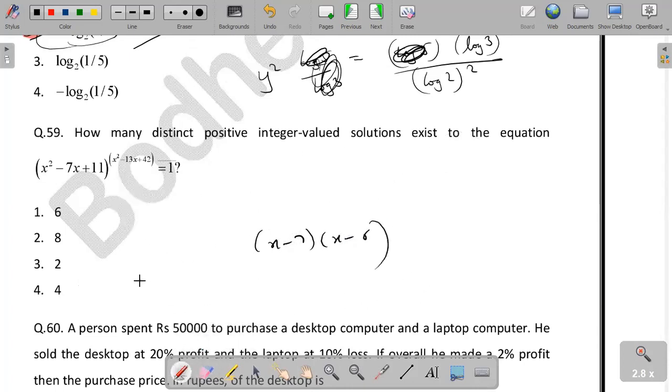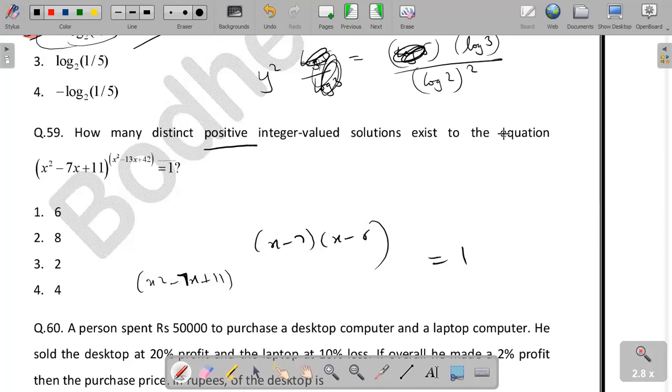Okay. And there is something x square minus 7x plus 11, and the power of this is equal to 1. So there are some cases when the power is 0. I have to first focus on the power being 0.